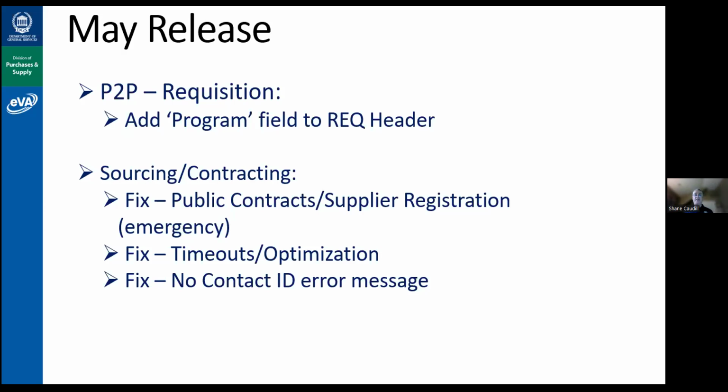Continuing on, some fixes that are desperately needed in sourcing and contracting. If you've sent somebody out to look at your public contracts and try to pull a document down, it also impacts supplier registration. You will get error messages like, page cannot be displayed, and these weird errors, and it looks like it's broken, and it's annoying, and it just doesn't work right.